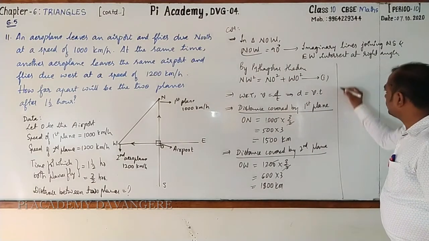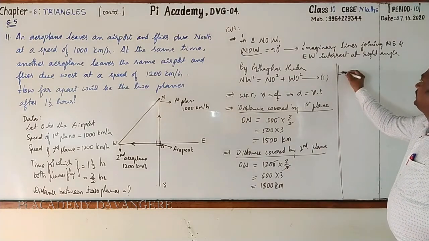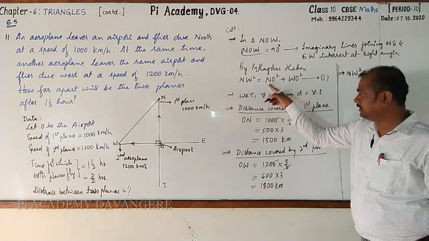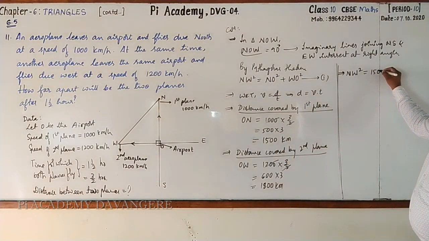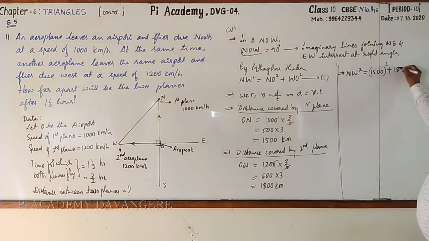Now let us go for using this Pythagoras theorem. NW square is equal to NO square, it is 1500 whole square, plus WO square, it is 1800 whole square. Find out the squares of those. Very simple.